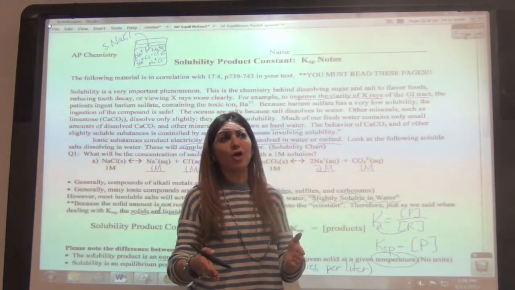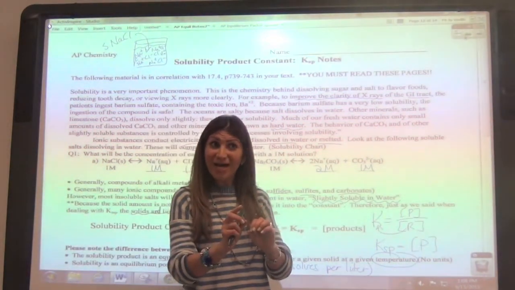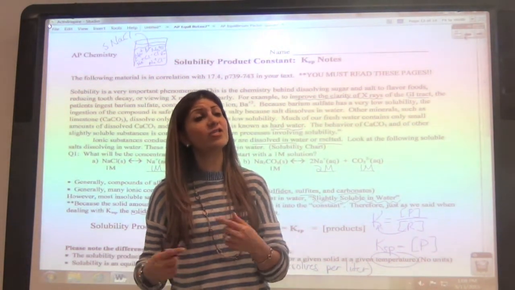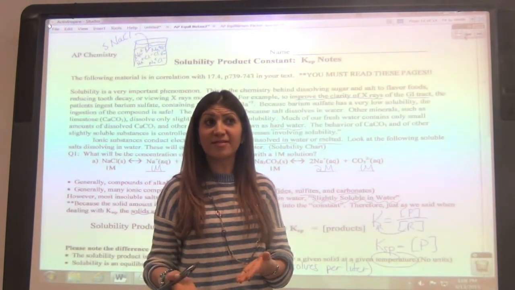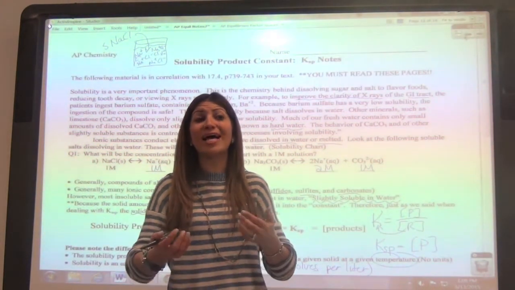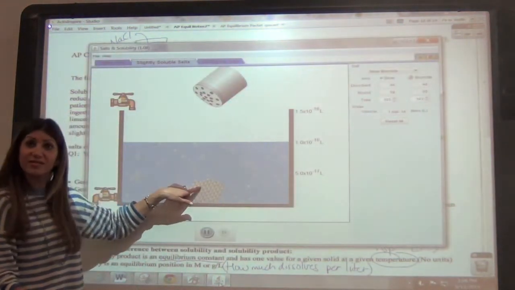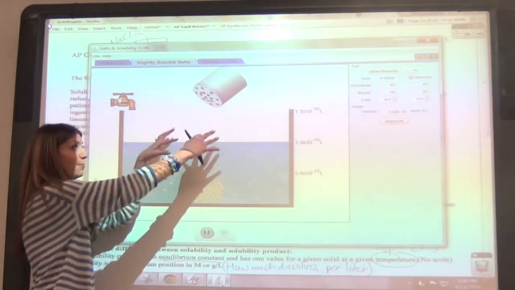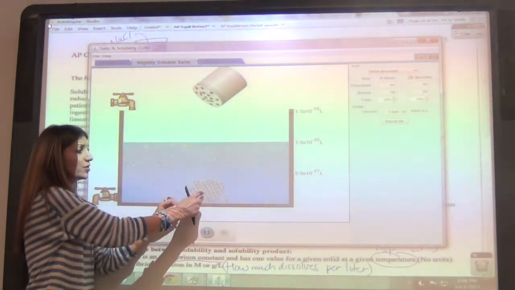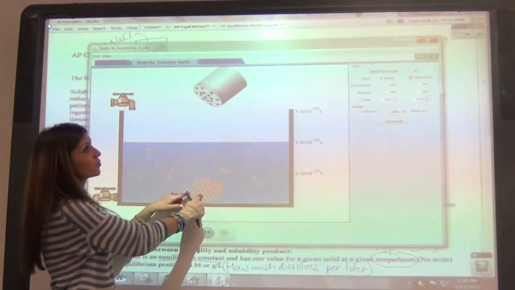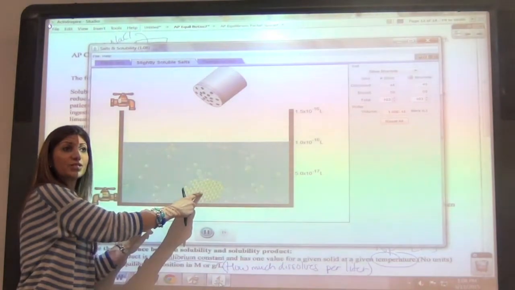It's a 1-to-1 ratio. No matter what, but keep in mind, I could still have extra NaCl. If it's not a fully soluble substance, I could have extra NaCl that's still in my beaker, which brings us back to this. Don't forget that when I put this in here, I could have a certain concentration. In this case, it was silver bromide, AgBr, that's going in.